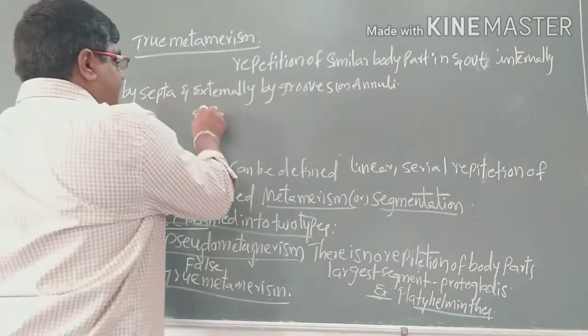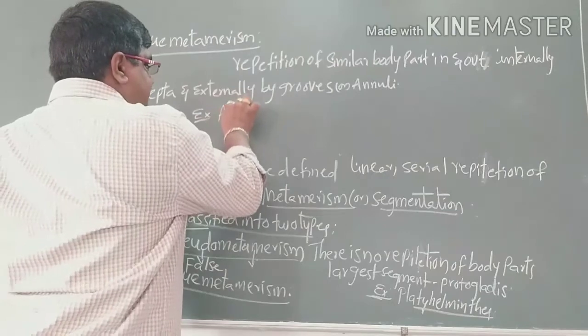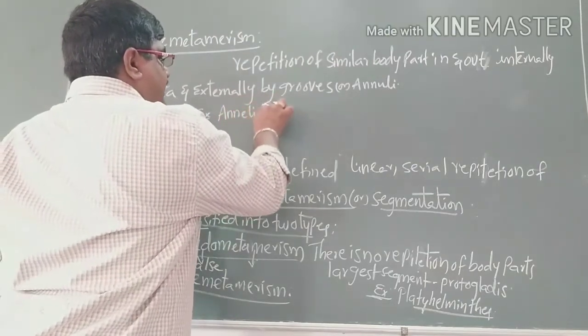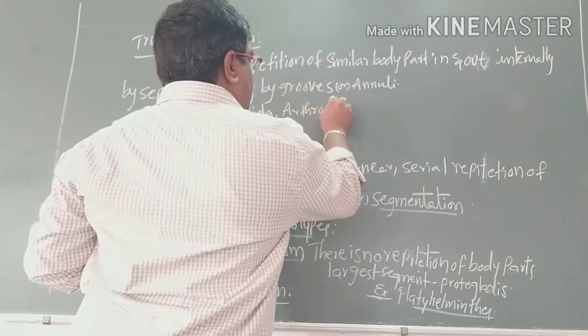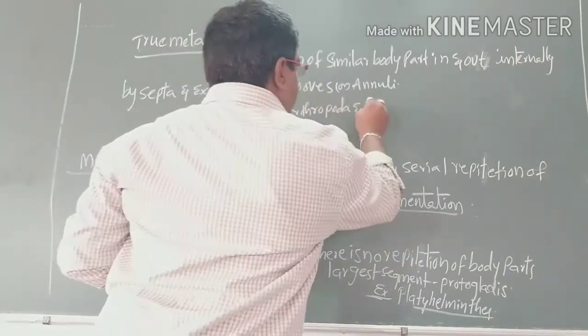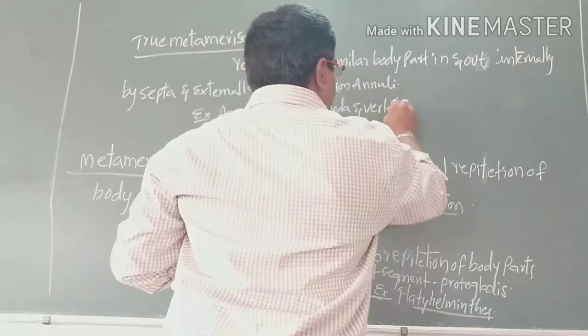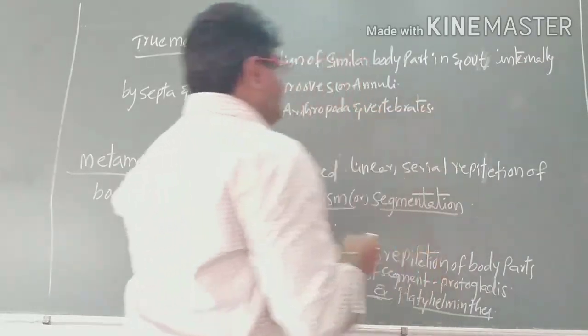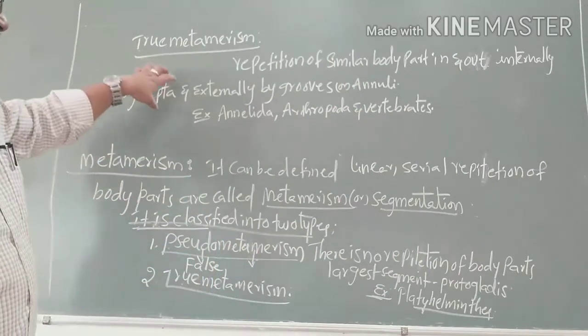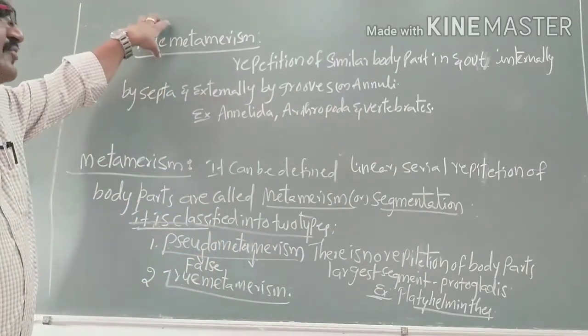Examples are seen in annelida, arthropoda and vertebrates. Repetition of body parts seen inside and outside is true metamerism.